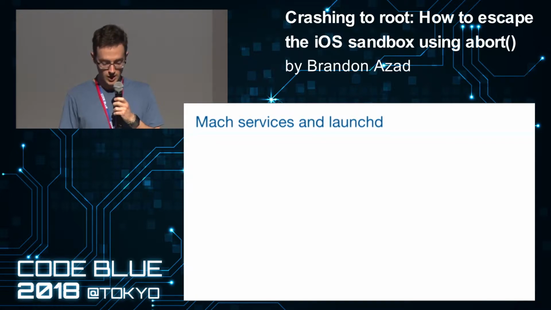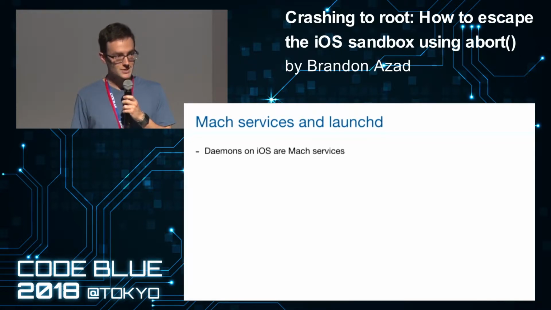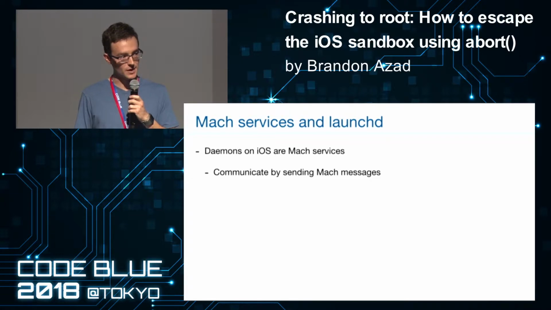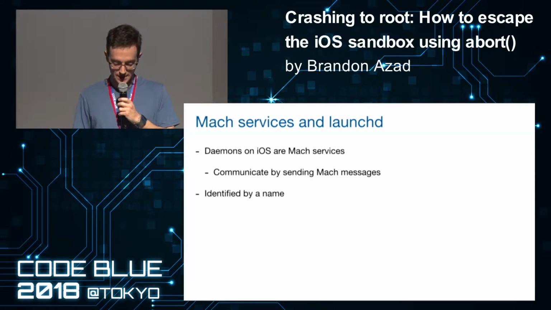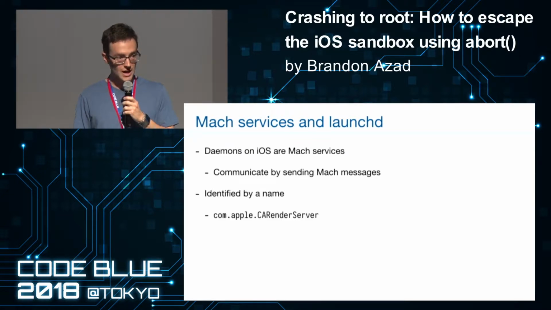Now that we've talked about Mach ports, which provide IPC, let's see what daemons on iOS look like. iOS daemons are called Mach services because you communicate with them by sending and receiving Mach messages. Each Mach service is identified by a name. For example, com.apple.CARenderServer is the name for the Core Animation rendering server.